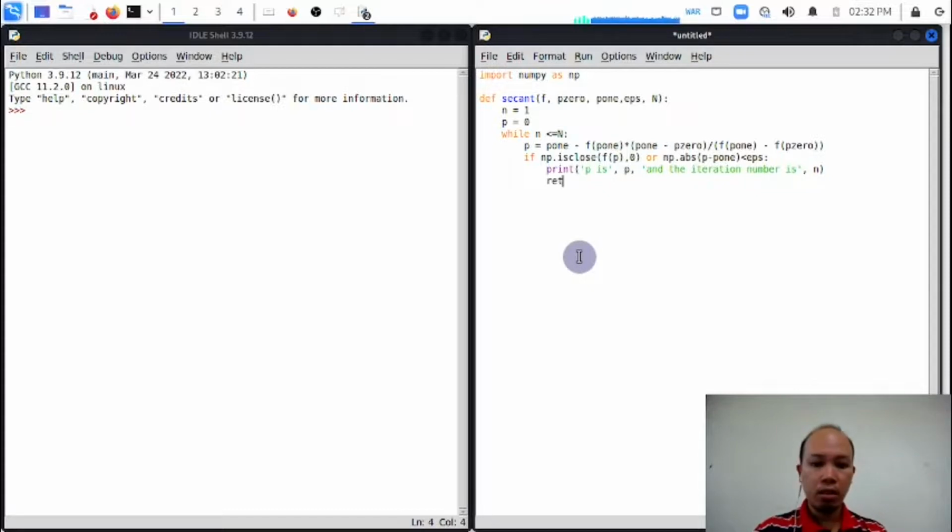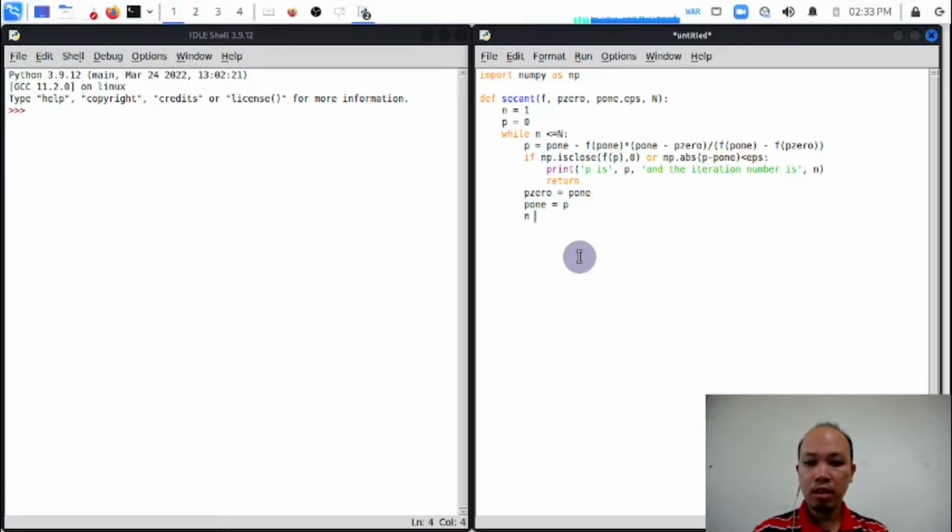Otherwise, you are going to return, and then you will set P0 to P1, and P1 is set to P, just like what I said a while ago.